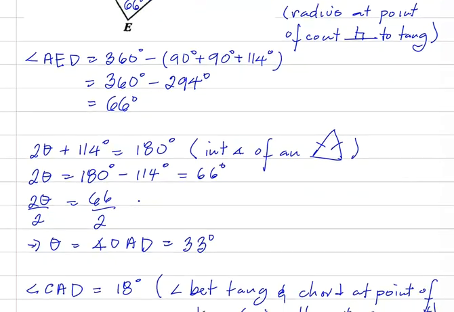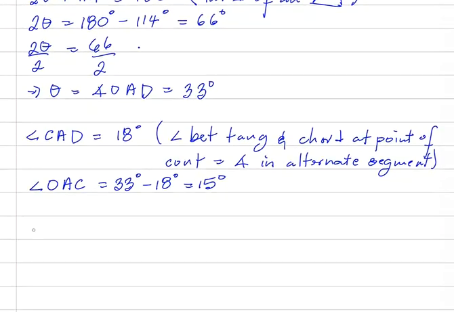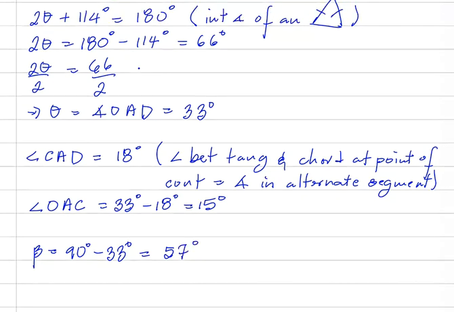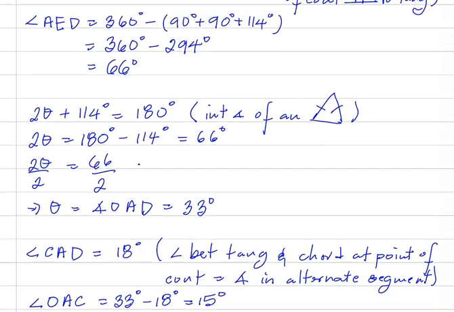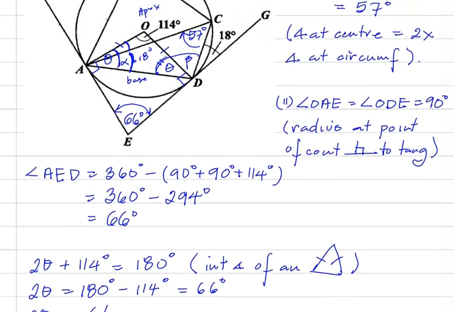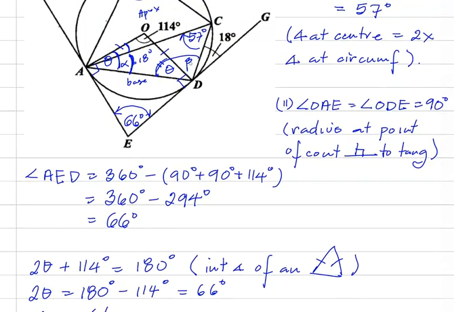So that piece beta there would be equal to 90 minus the 33, which would be 57 degrees. Sorry, nope, that's not correct.